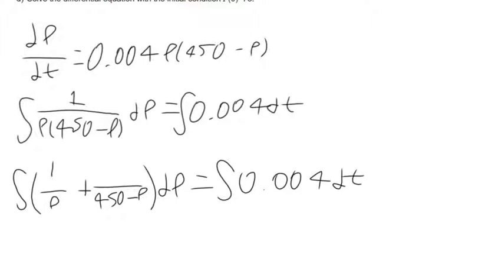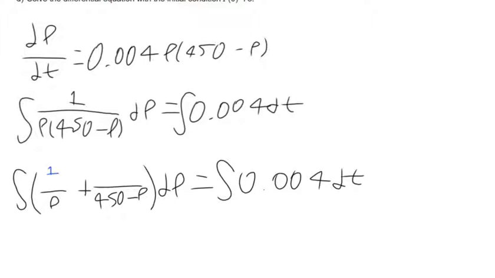Alright, so I need to figure out what these numerators are going to be, so I'm going to do the cover-up method. So for this one, I'm going to have to set this factor equal to 0, so I have to use p equals 0, then I will cover it up and plug p equals 0 into the rest right here. So when I do that, I will get 1 over 450. That's going to be my numerator for the first fraction right here.